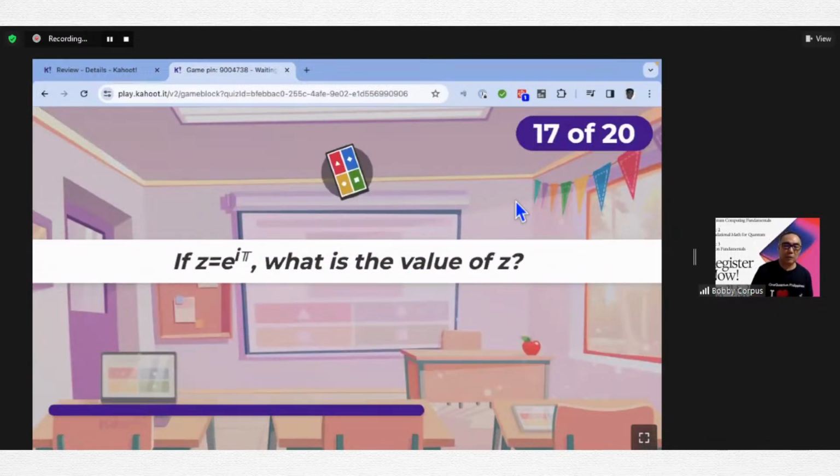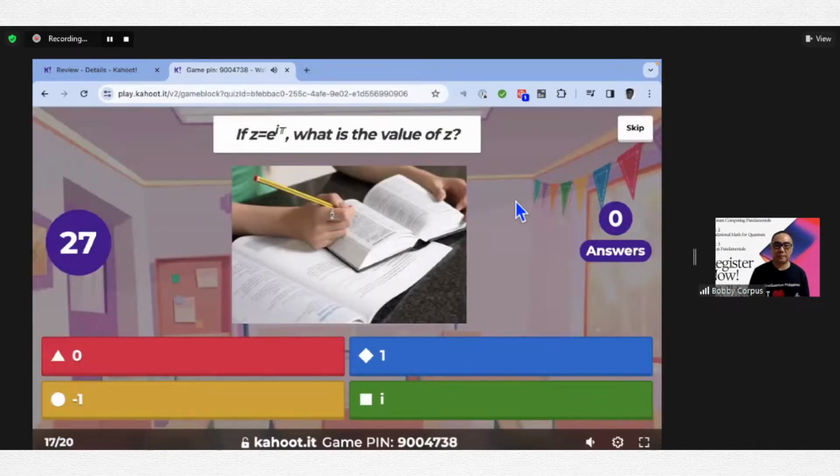Double points. If z is equal to e to the i pi, what is the value of z? You can just also pindot anywhere. You have a probability of 25% getting the right answer.